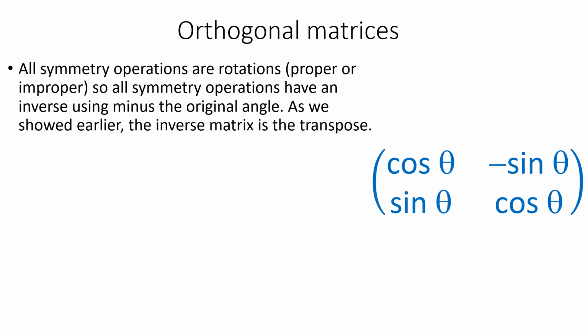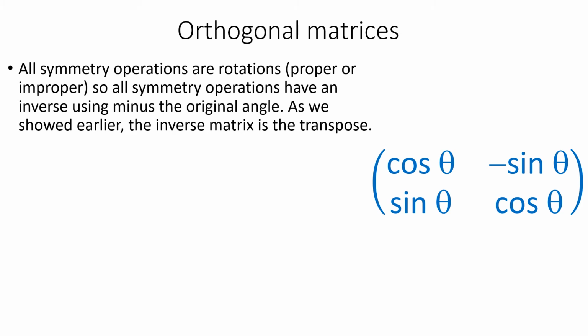And so in fact, using this logic, we can deduce that the inverse operation is the transpose. And we can see this by looking at this general matrix here, because when you change theta to minus theta, it makes no difference to the cos function. But when you change theta to minus theta, it changes the sign of the sine function.